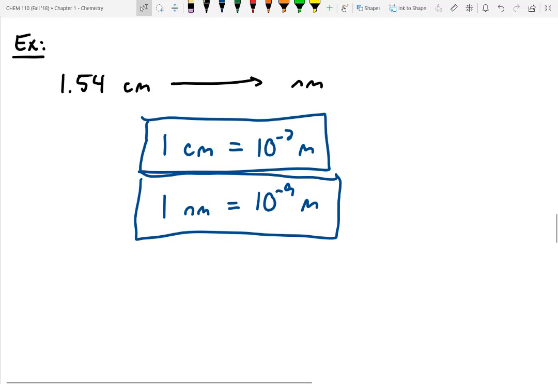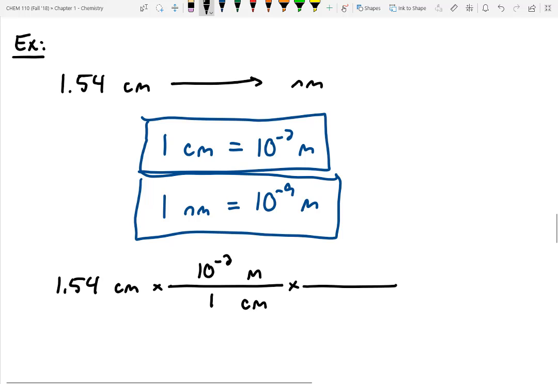So let's start plugging this in, and we can say 1.54 centimeters. We'll multiply. We want centimeters on the top or bottom? Bottom. 1 goes with the centimeter unit. We've got a relationship to meters, so I'll put that here. And then we'll do 10 to the negative 2, like that. Looks pretty good to me.